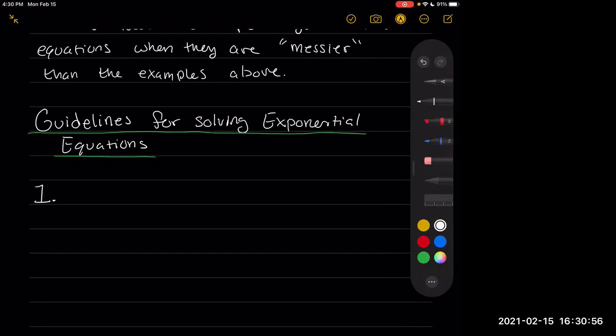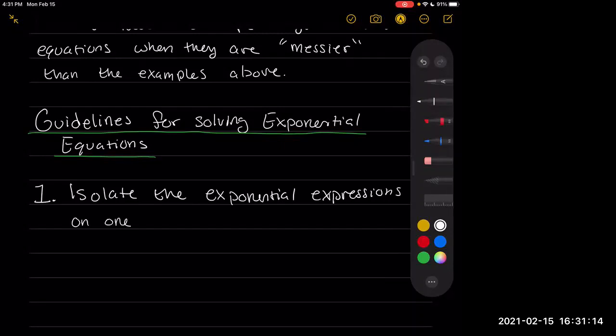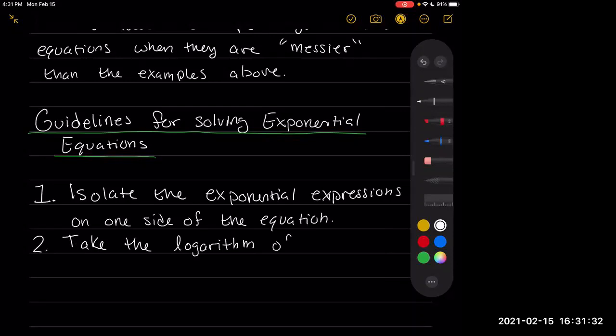So first, we're going to isolate the exponential expression on one side of the equation. Two, we're going to take the logarithm of each side.